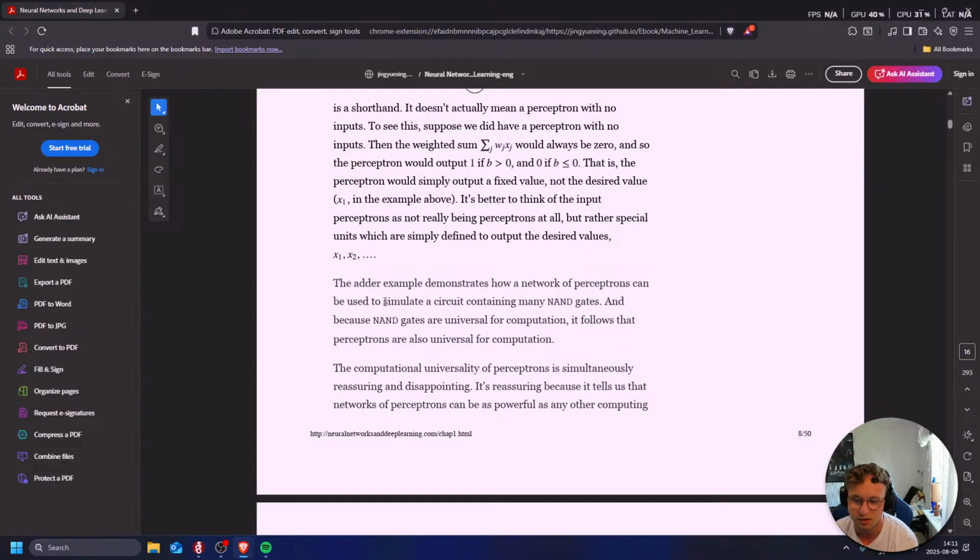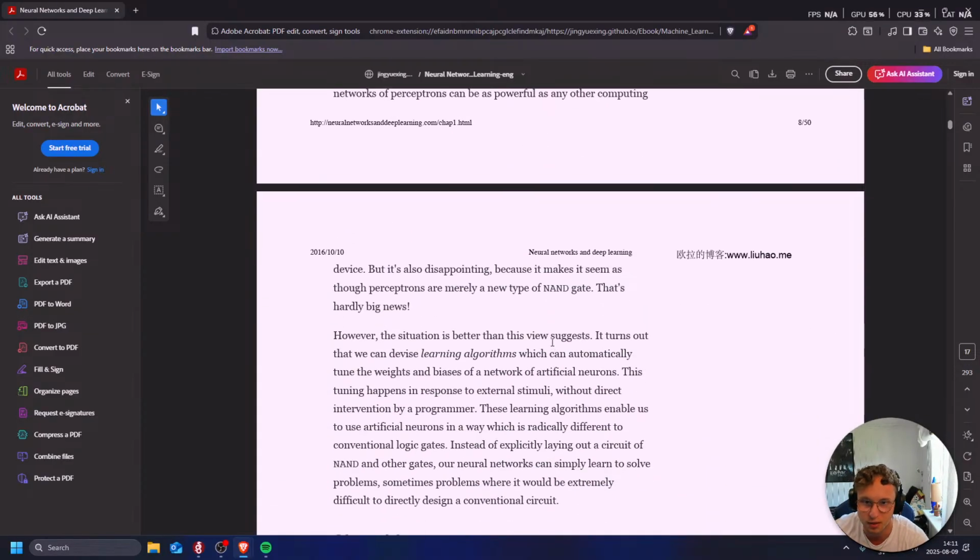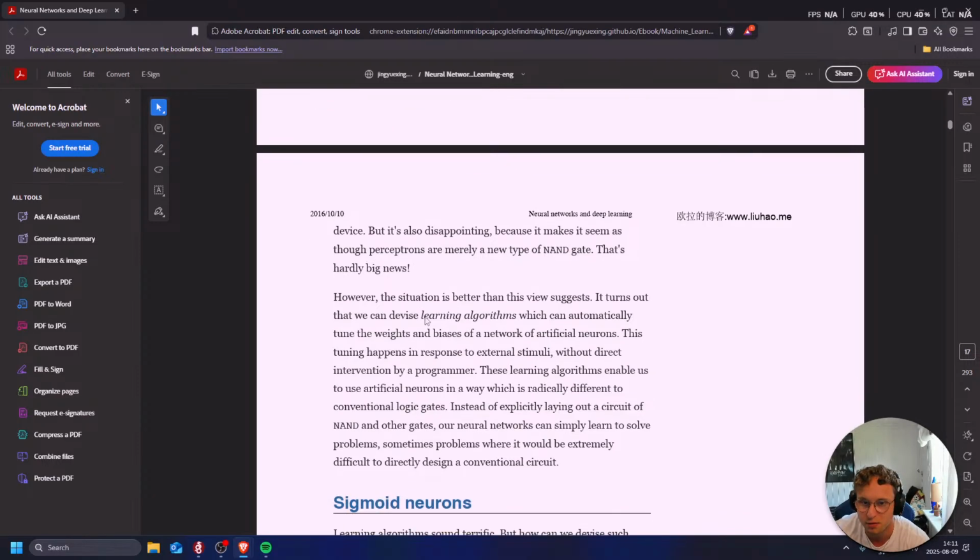It's reassuring because it tells us that networks of perceptrons can be as powerful as another computing device. But it's also disappointing because it makes it seem as though perceptrons are merely a new type of NAND gate. That's hardly big news.